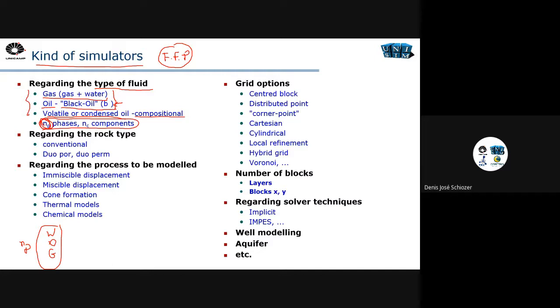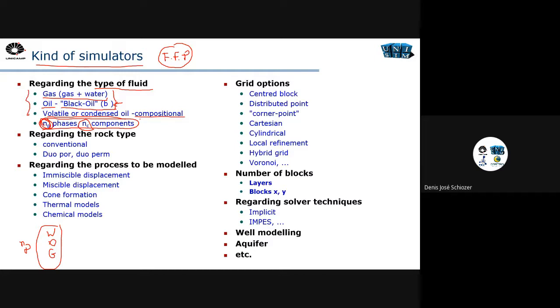Why 3 equations? Because we have to understand the water movement in the reservoir, the liquid movement in the reservoir, and also the gas movement in the reservoir. So if you have 3 phases, we're going to have 3 equations to solve for each block, okay? Another important thing here is the number of components. So if the petroleum is a mixture of several components, we can mimic the behavior of these components.